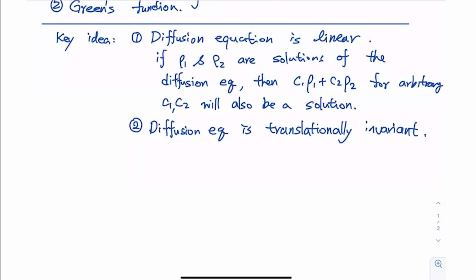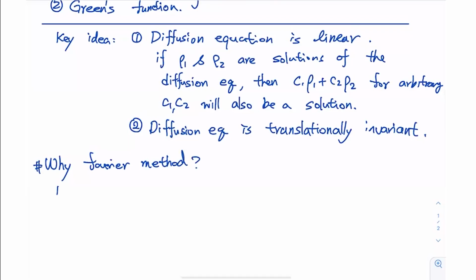Here I'm going to give you another line of thought, thinking from the point of view of how translation symmetry enters the analysis of the diffusion equation. So let's pose another question: why the Fourier method?